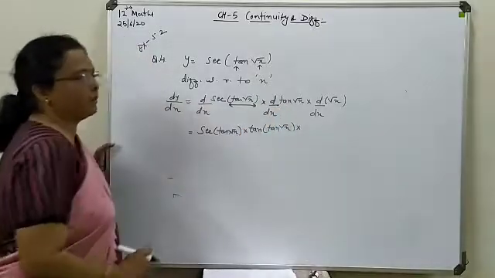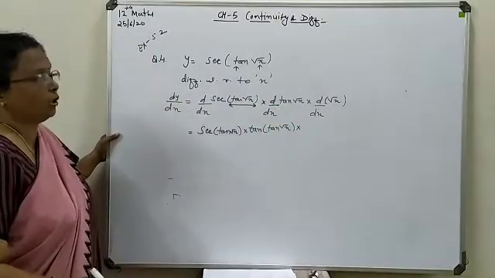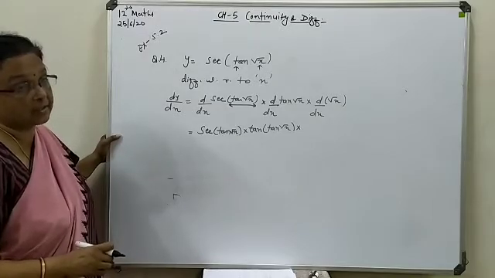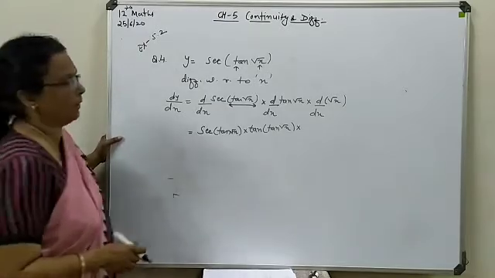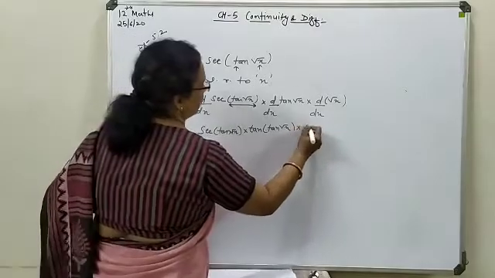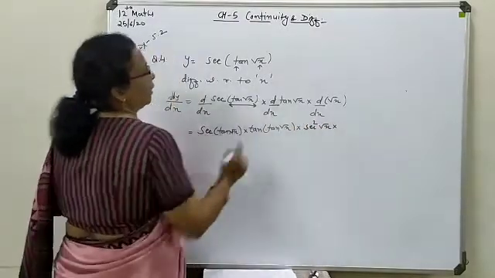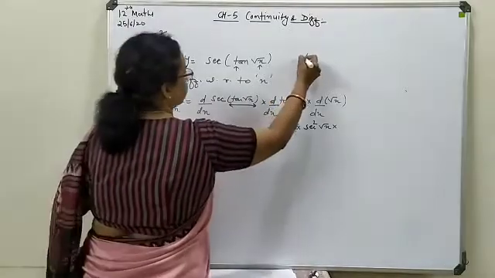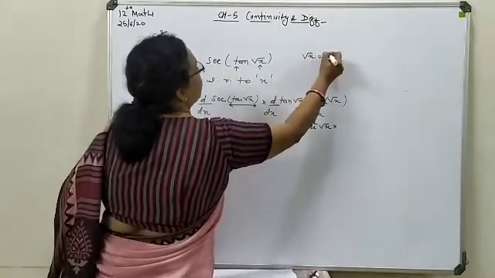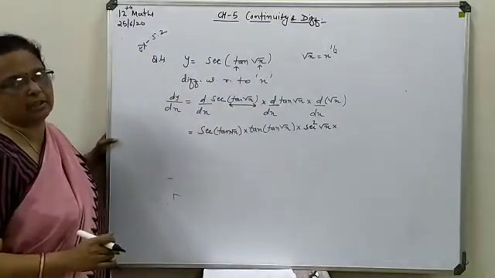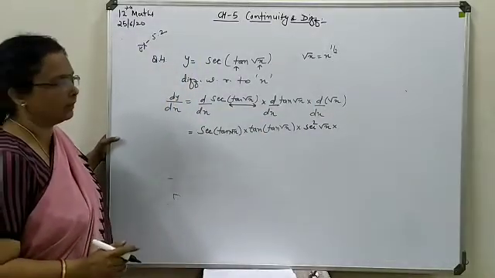Move to the next derivative, the differentiation of tan under root of x. The differentiation of tan x, we have written, is sec square x. So here it will come out as sec square under root of x. Now this under root x you will treat as x power half. So it is again to be treated as an x power n derivative.